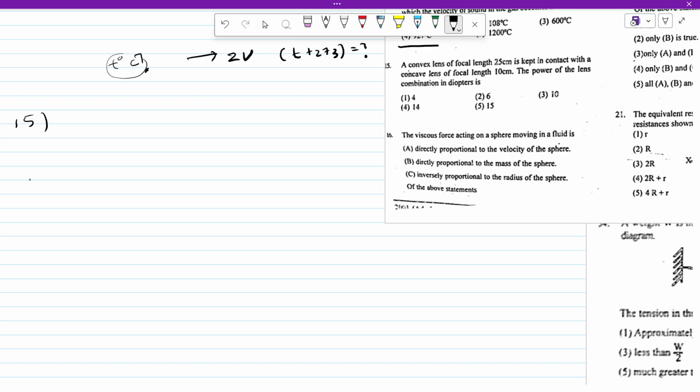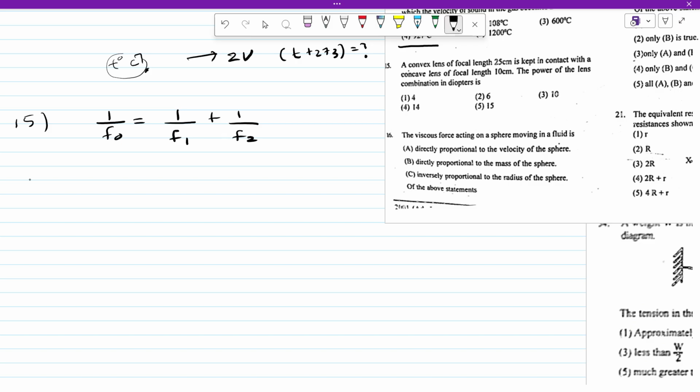We have composite focal length. The major equation we get is 1 over f naught, the composite focal length for the composite lenses, equals the sum of 1 over f for each lens. Since there are several lenses here, each lens should have its own focal length.